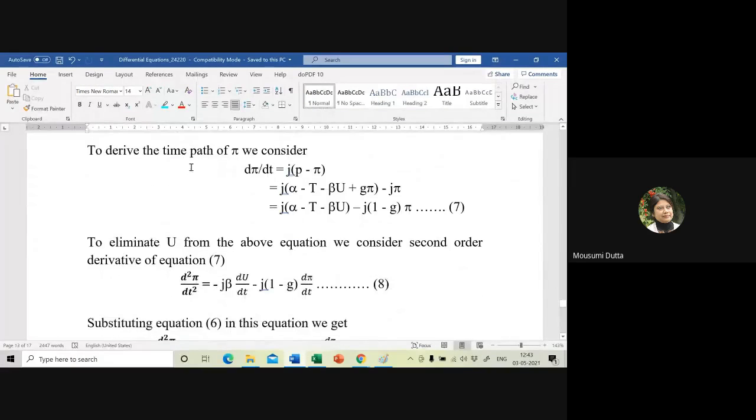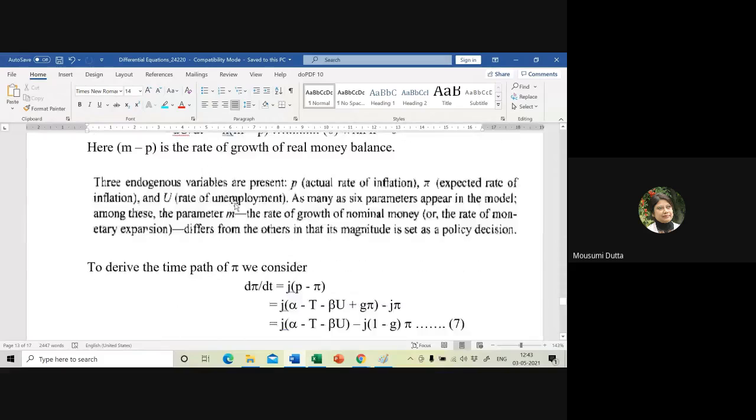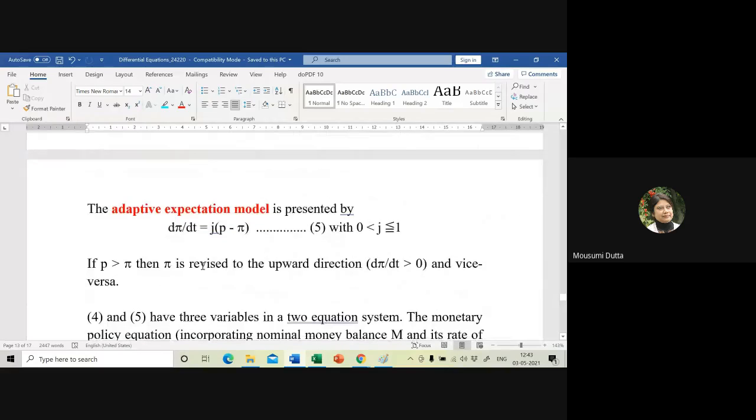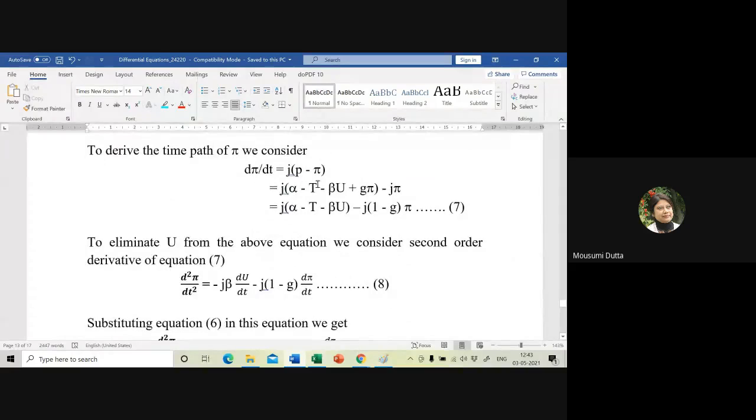So to derive the time path of pi, the expected inflation rate, we are starting with this equation, equation number 5, d pi by dt is equal to j into p minus pi. And then we are replacing p, alpha minus t minus beta u plus g pi, the augmented version that we are using, minus j pi.